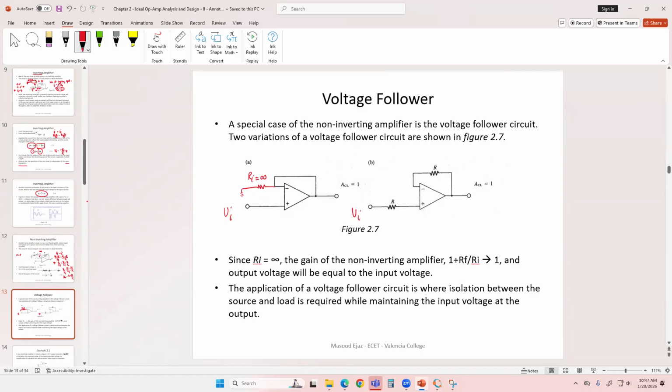So assuming that Ri is an open circuit, it's extremely large, the gain of the amplifier is 1 plus Rf over Ri, the non-inverting amplifier.